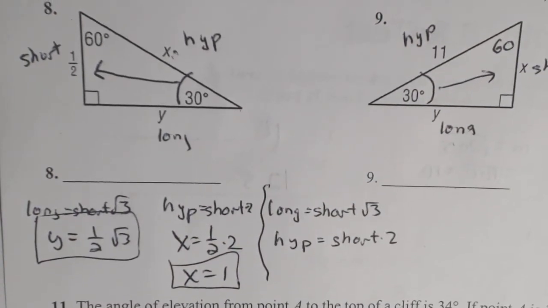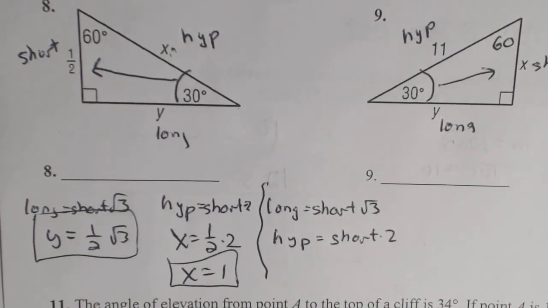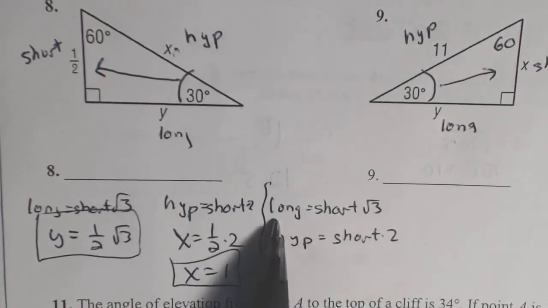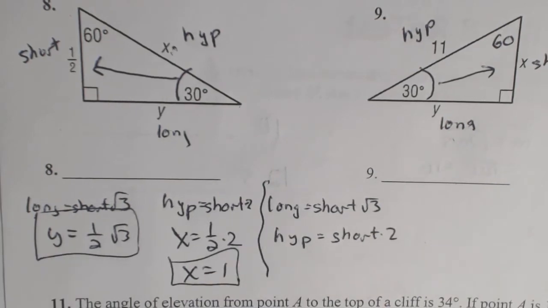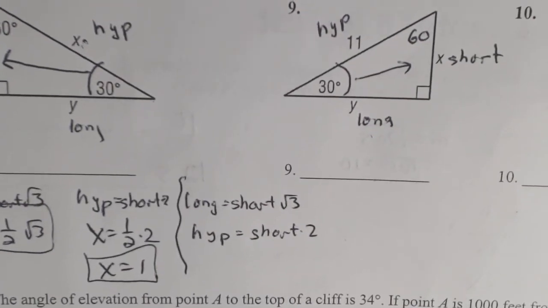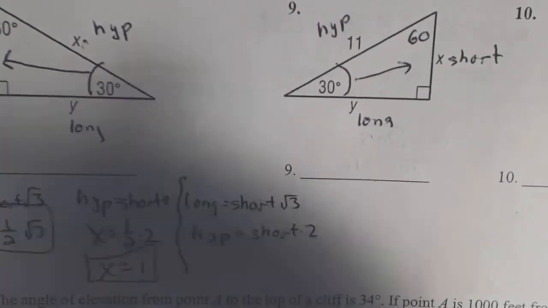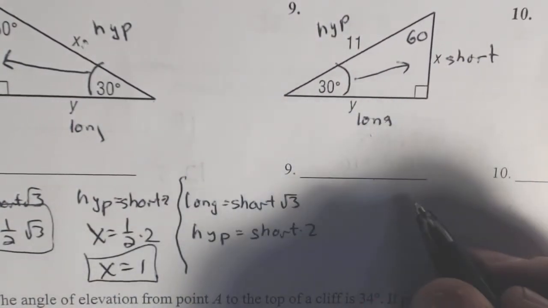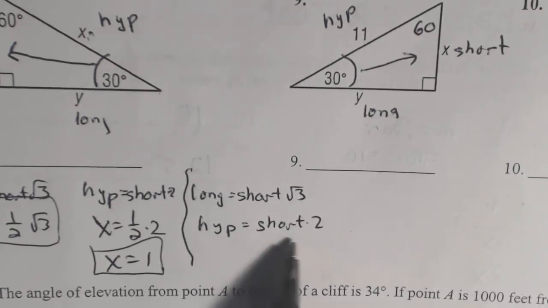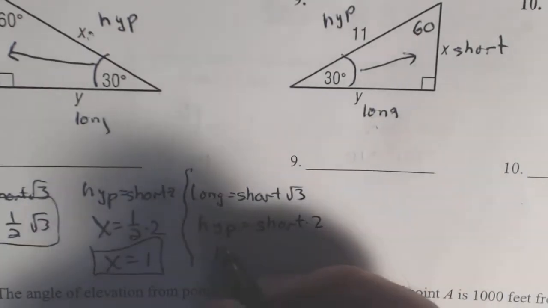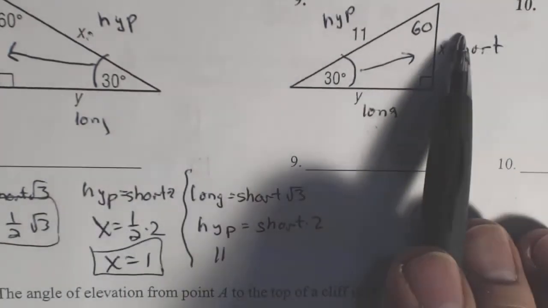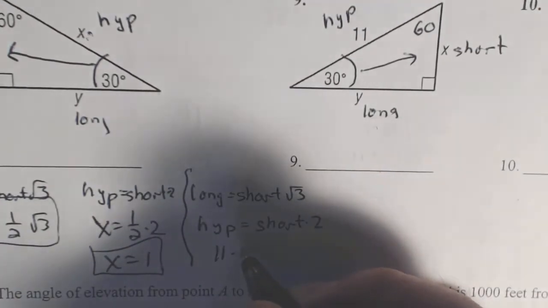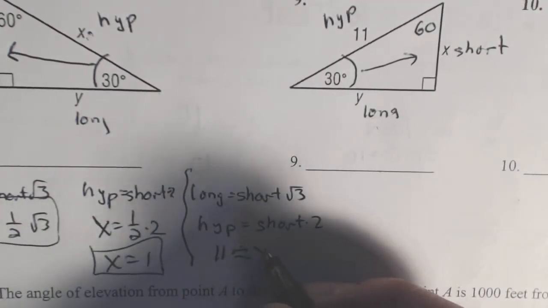Okay, they gave us a little harder case here. It's not the hardest. The hardest thing to work with is when you have long, because you have to divide by the square root. But over here, you're given the hypotenuse. 11's the hypotenuse. So I'm going to use the rule hypotenuse is short times 2. I'll just write it right underneath the rule. 11 equals the short, which we said was x, times 2.